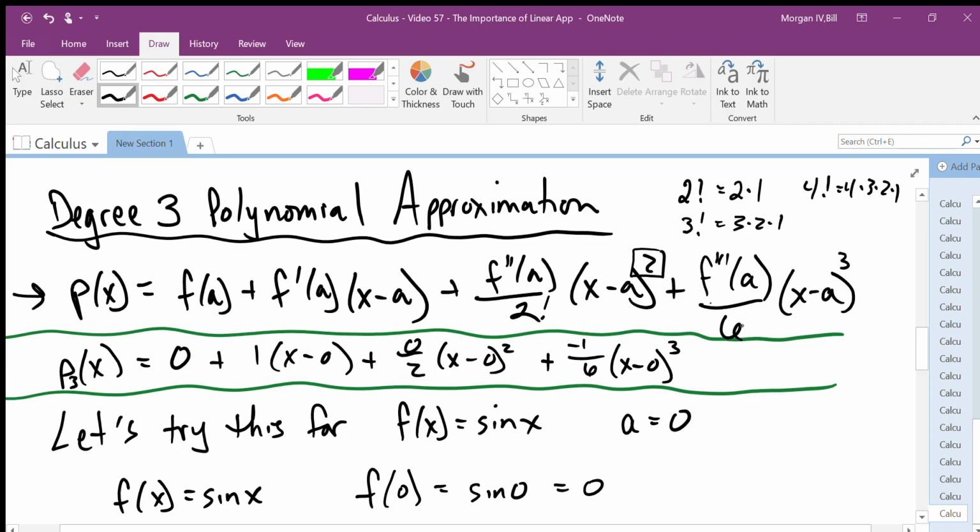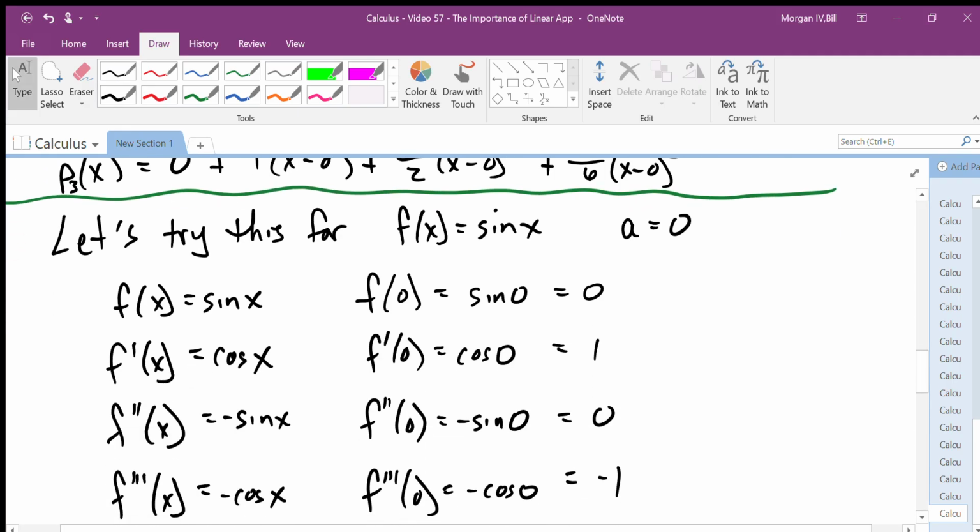That number is actually, whatever the exponent is, factorial. And so instead of 6 here, I could have written 3 factorial. Because 3 factorial is 3 times 2 times 1, 3 times 2 is 6, times 1 is 6. And then we're multiplying that by x minus a to the power of the next higher degree polynomial. So the next one will be to the 4th.